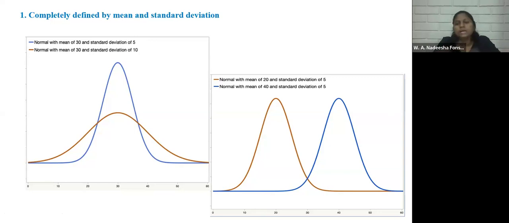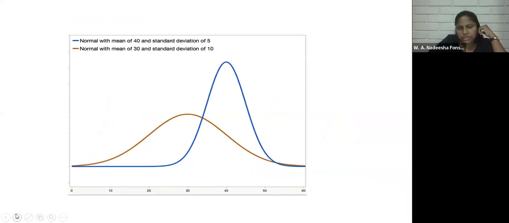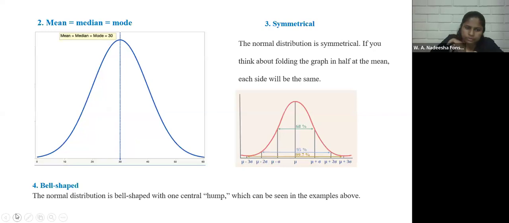Therefore, heights are equal, but midpoints are different. This is how they vary with mean and standard deviation. Here, both mean value and standard deviation are different. This is the identical curve. And then this shows the symmetry. And then it is bell-shaped.